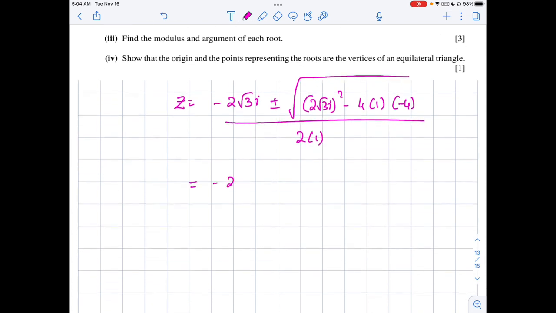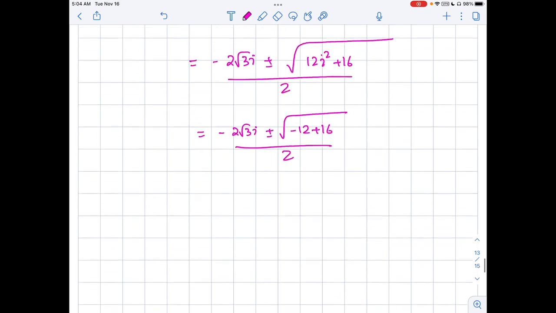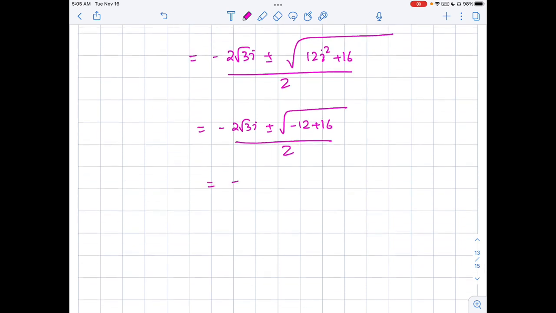So it becomes minus 2 root 3 i plus or minus square root of minus 12 plus 16 upon 2. 16 minus 12 is 4, square root of 4 is 2 upon 2.